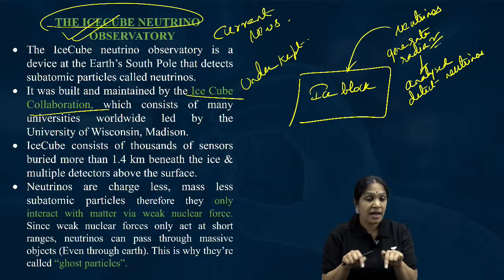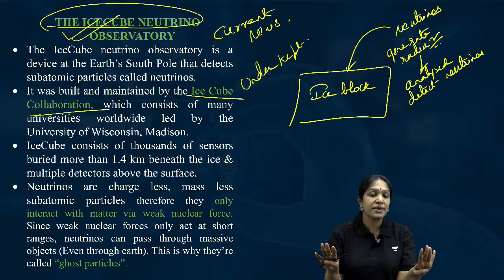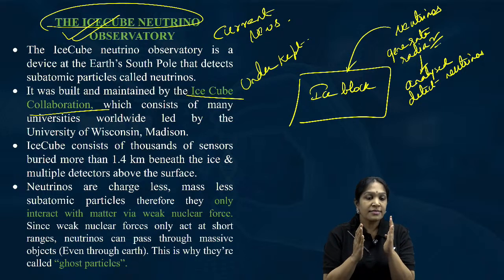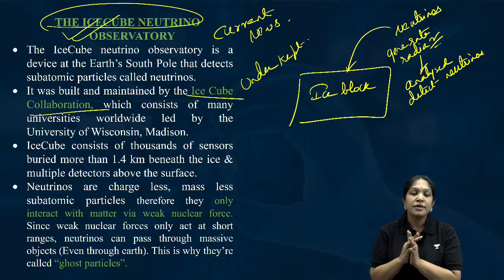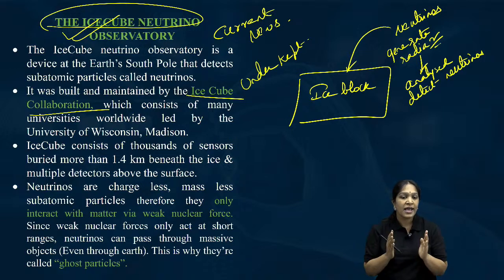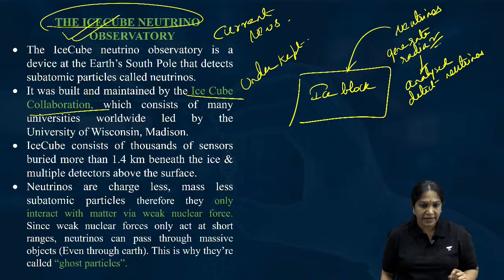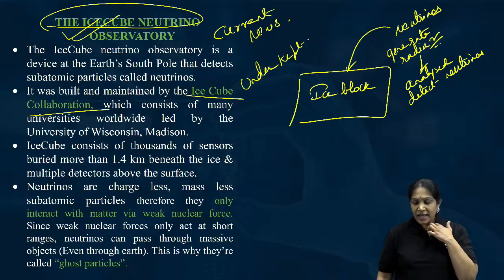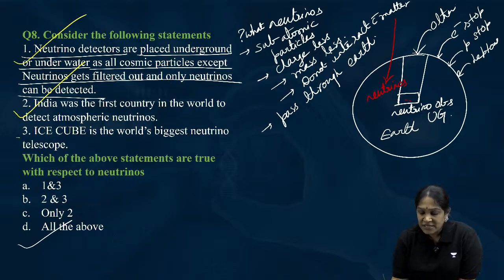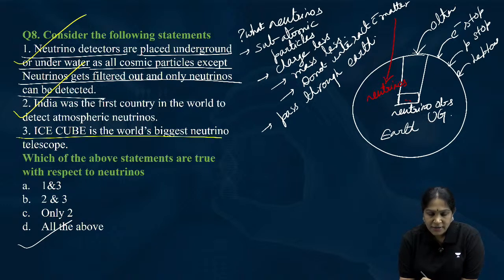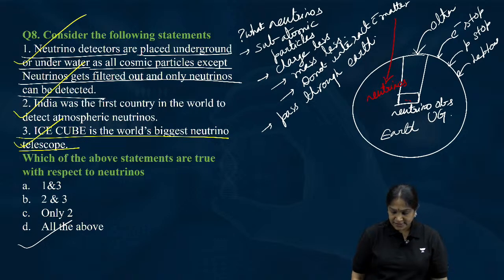Because nothing else can come there. Some radiations came means other particles cannot come. So definitely the radiations are generated because of the hitting of the neutrinos. That is about the Ice Cube Observatory. Is it clear? Ice Cube Observatory is the world's largest neutrino telescope. Correct. All the above are right answers.